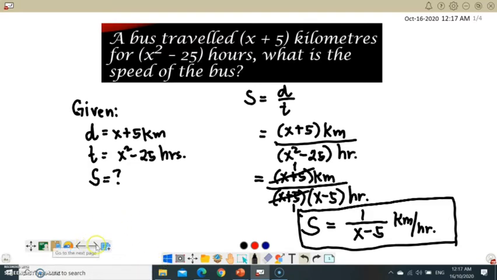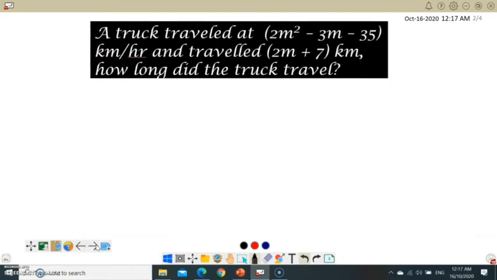Let's try example number 2. A truck traveled at 2m squared minus 3m minus 35 kilometers per hour and traveled 2m plus 7 kilometers. How long did the truck travel?